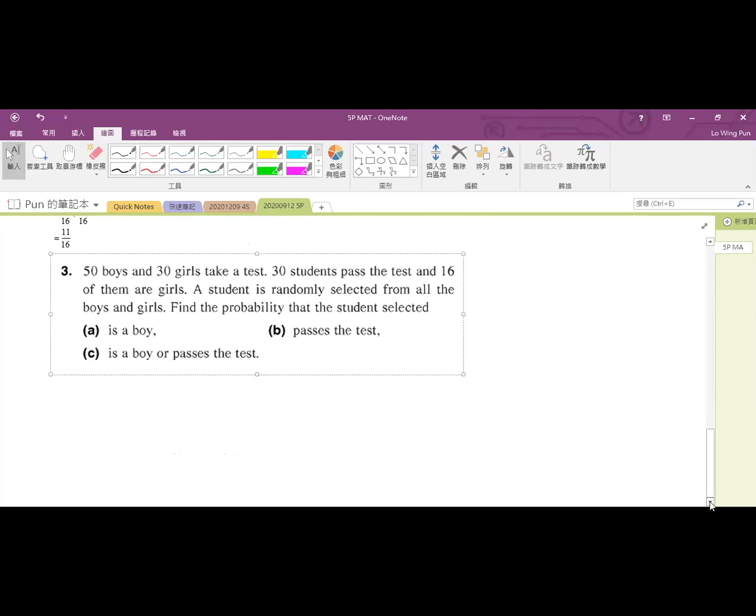So 50 boys and 30 girls take a test. 30 students pass the test and 16 of them are girls. The student is randomly selected from the boys and girls.